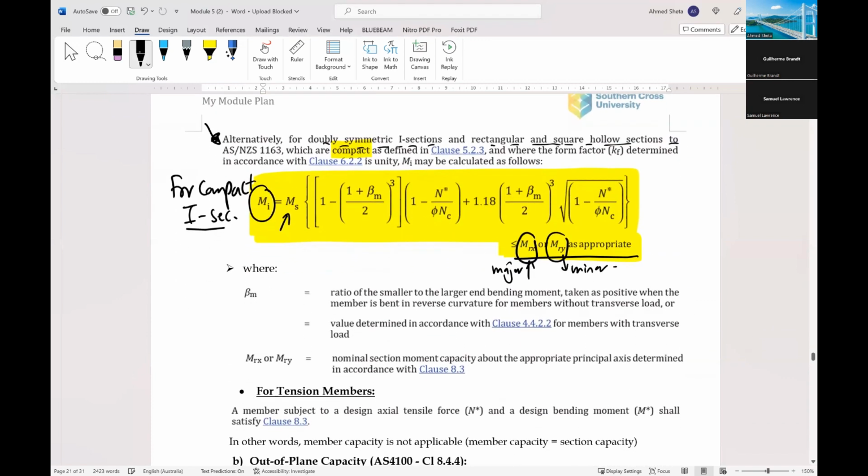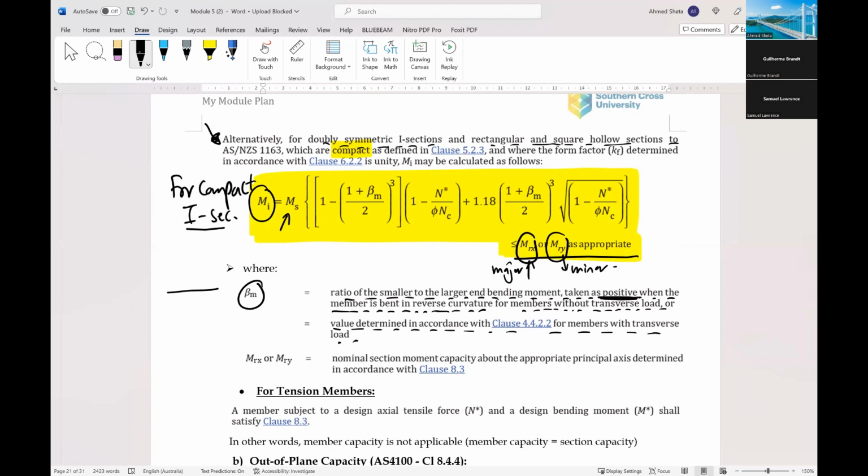Where beta M is the ratio of smaller to larger bending moment, taken as positive when the member is bent in reverse curvature for members without transverse load, or value determined accordingly for members with transverse load.